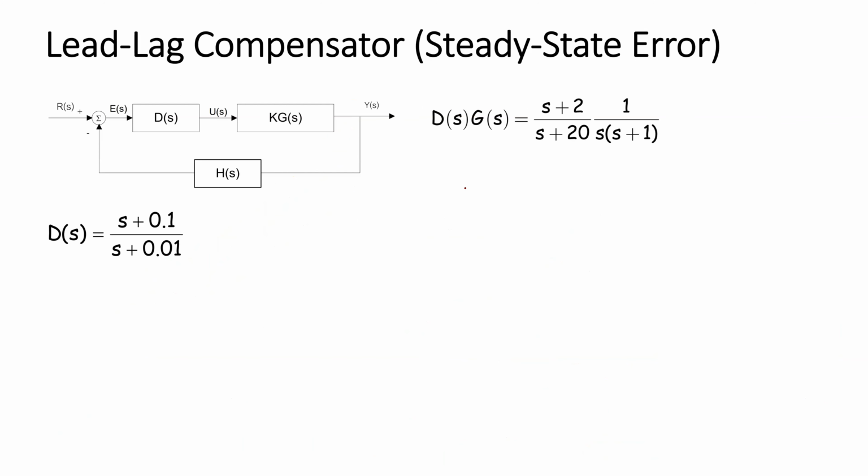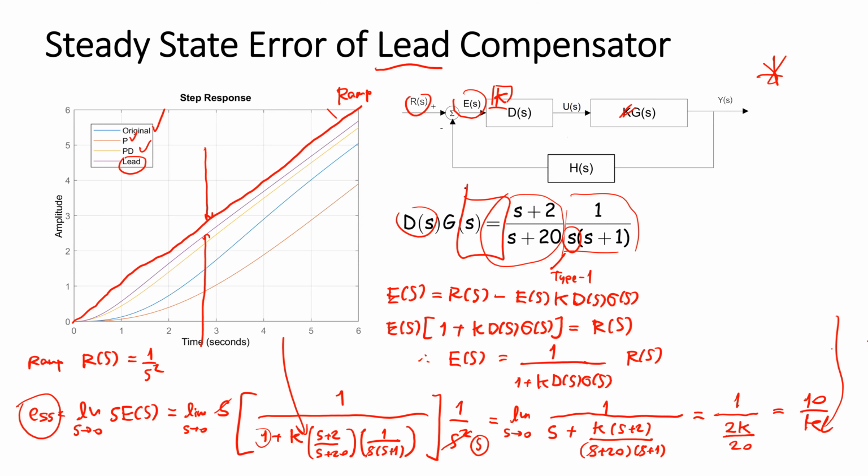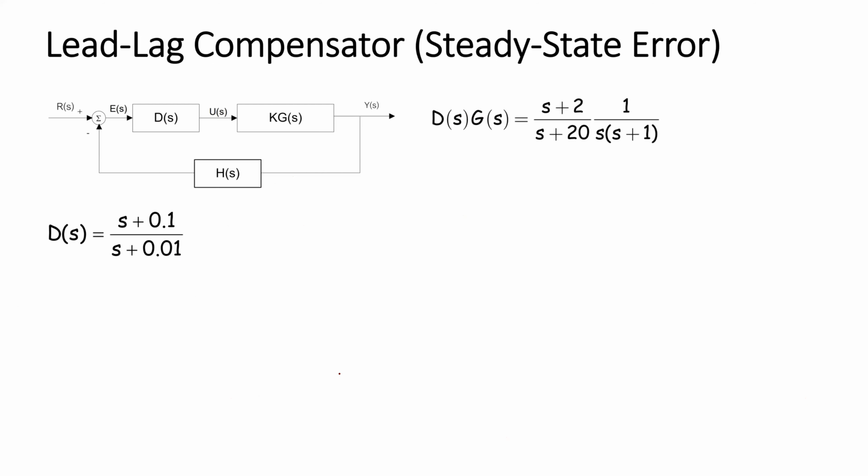What's going to happen? We're going to begin from this line, but just add the lag compensator S plus 0.1 per S plus 0.01 to this and see what's going to happen to the steady state error.